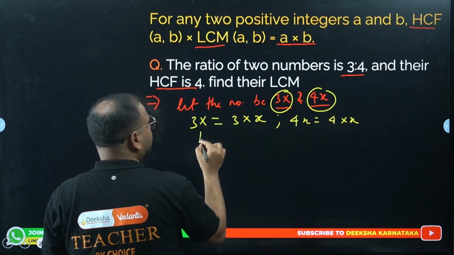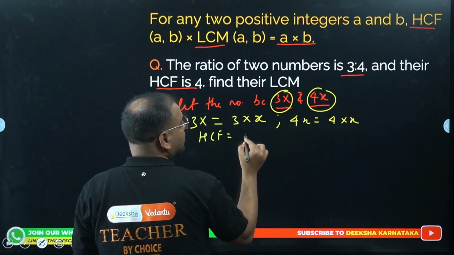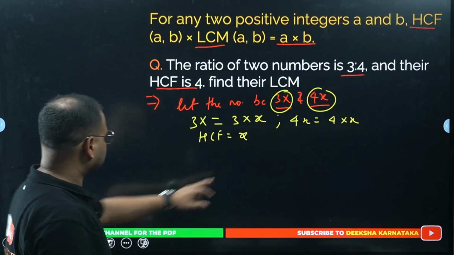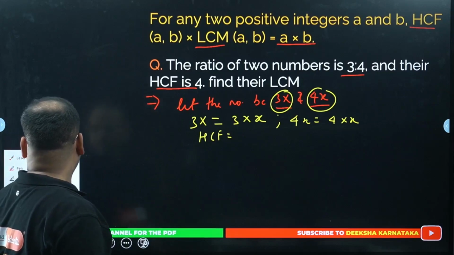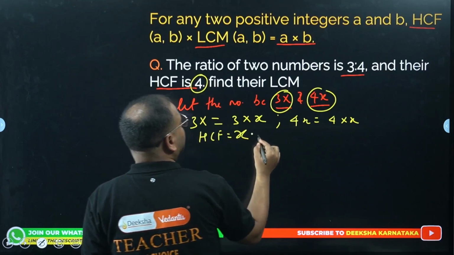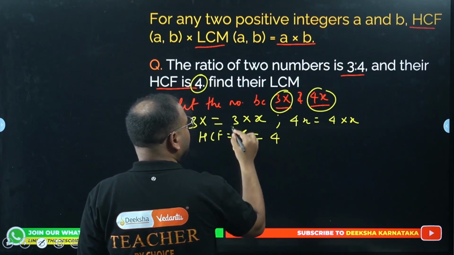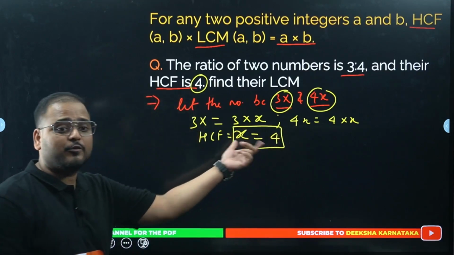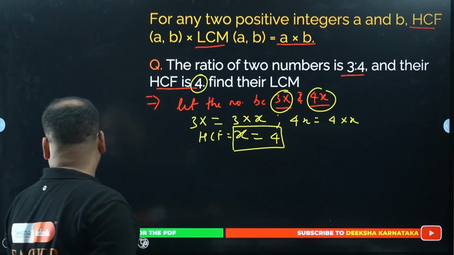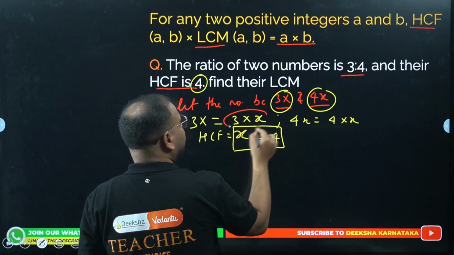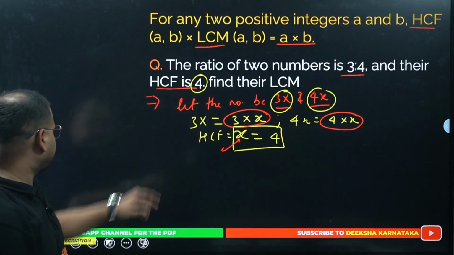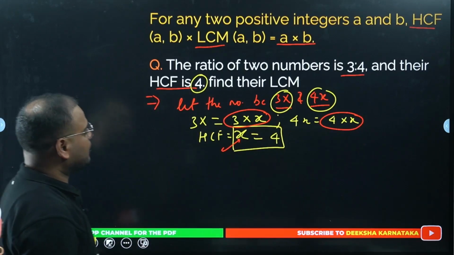The HCF is just x, right? Now HCF is already given as 4, so put x equal to 4. By looking at their prime factors, we found HCF to be x, but the HCF is given as 4.